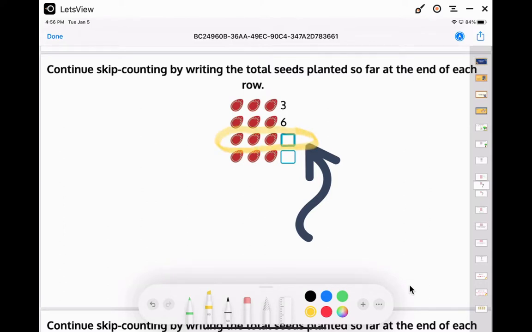Using your Nearpod, tell me how many seeds do we have so far? Did you say 9? If you did, you're absolutely correct. If we are skip counting by threes, we count 3, 6, and then 9.